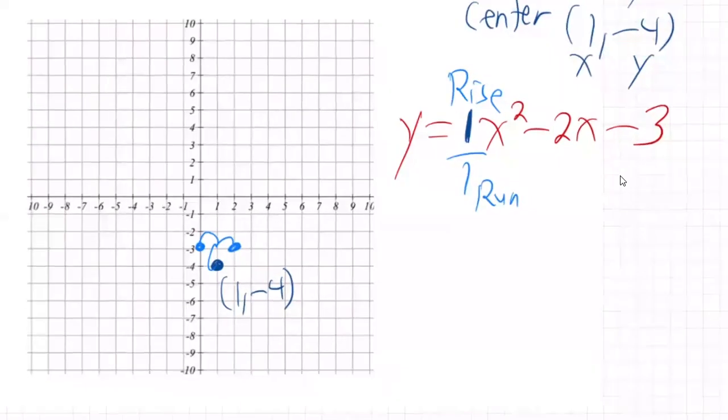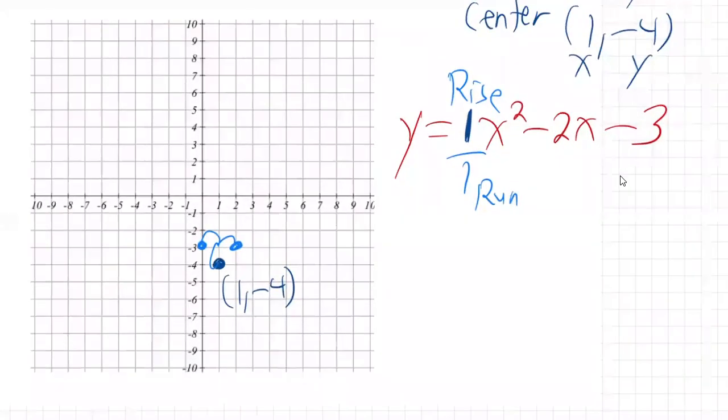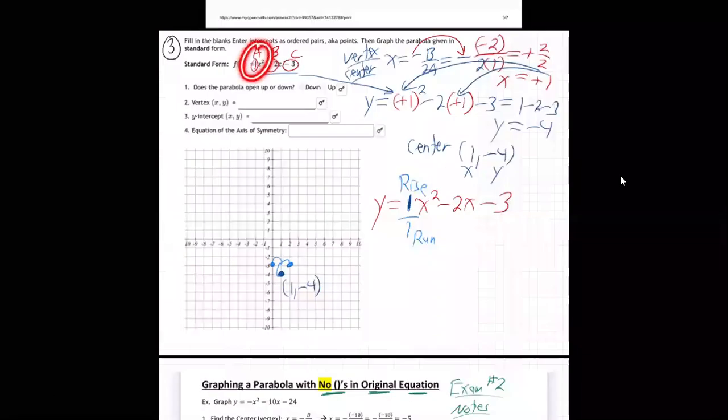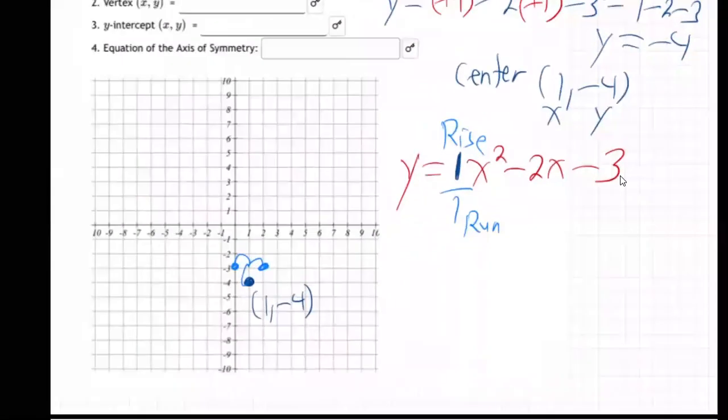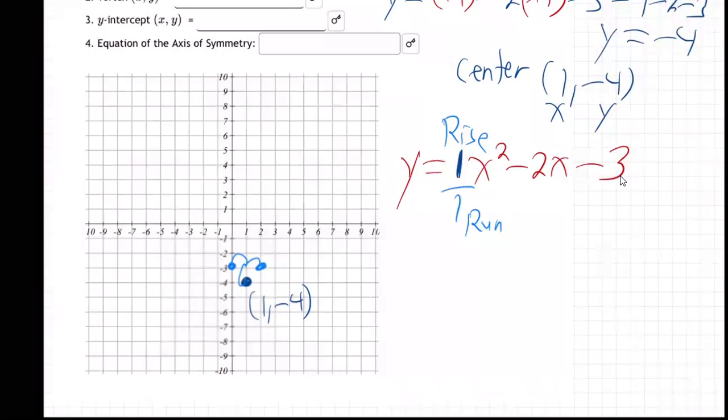To find your next point, how widely this parabola opens up, you do rise over run on the a, the number in the very front, right by x squared. So it's 1 over 1. From the center, you go up one, over one, and then they're always symmetric, so it's going to go the other way as well.